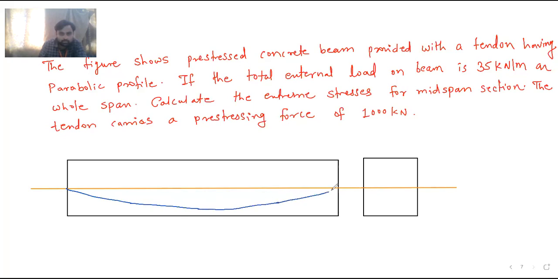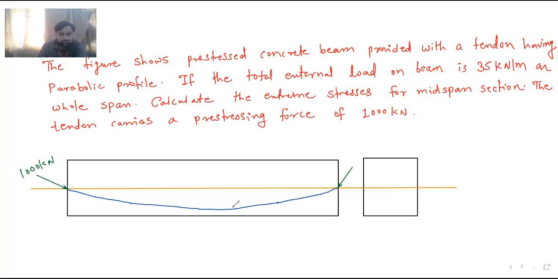So I have not drawn it as a correct parabola, but it is parabolic in nature. Then the pre-stressing force is 1000 kilonewton. And you have to solve it by all the three methods: stress, strength, and load balancing.